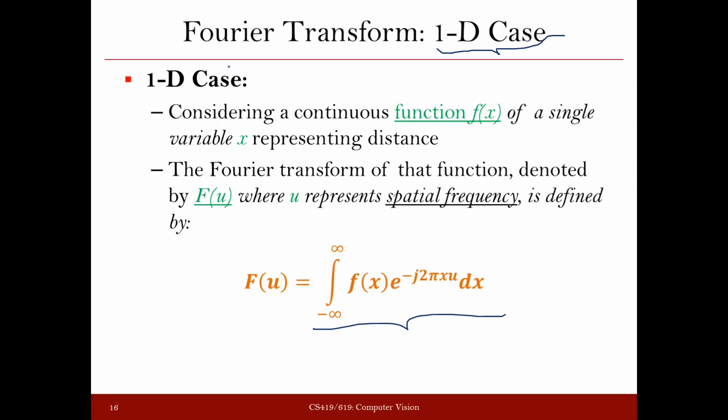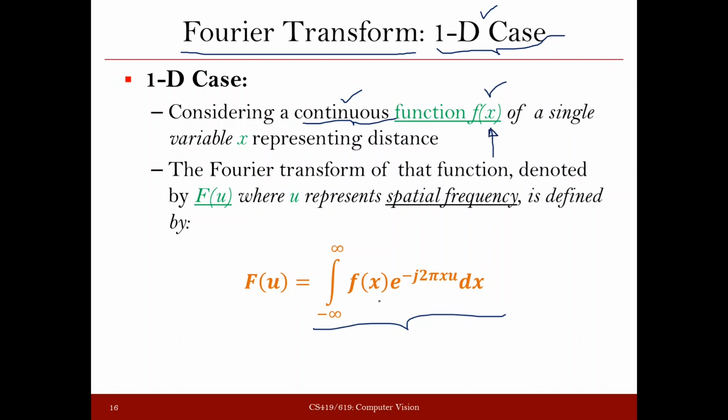So first we'll discuss the 1D case, and within that, the case for a continuous function. Then we'll go to the 2D case for continuous functions, and then we will move to the discrete Fourier transform, where we will again discuss 1D and 2D cases, okay? So here, if a 1D function f(x) is given to us, and we want to find its Fourier representation, or get the Fourier transform of this function f(x), we can use this formula.